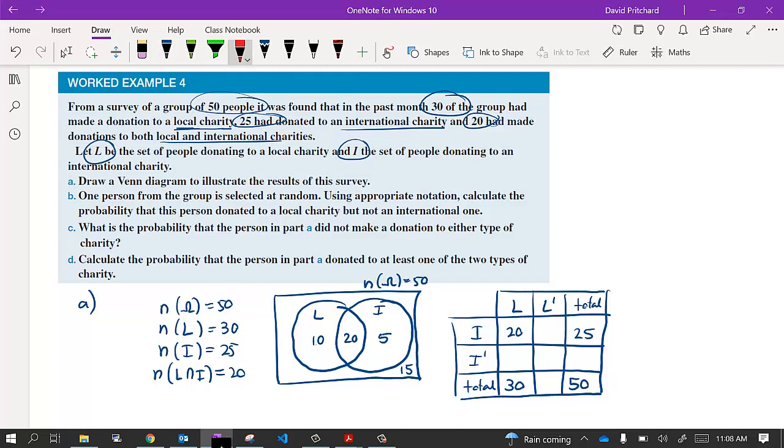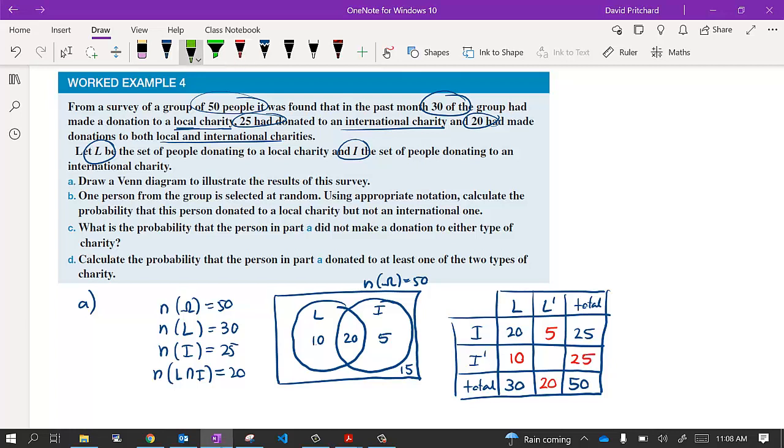If this is 20 and it must add up to 25, the missing number is 5. If this is 20 and it must add up to 30, so we're now working vertically, the missing number is 10. Also, in the totals column horizontally, I have 30 and it must add up to 50, so the missing number is 20. And vertically, I've got 25 and it must add up to 50, so the missing number is 25.